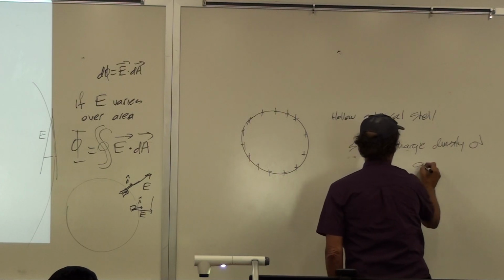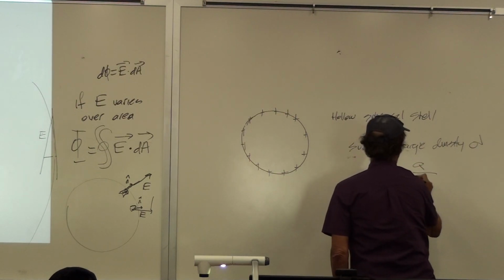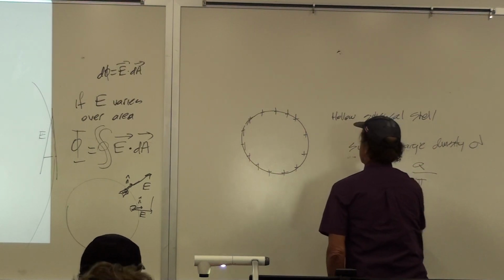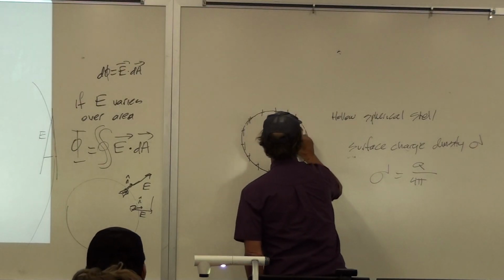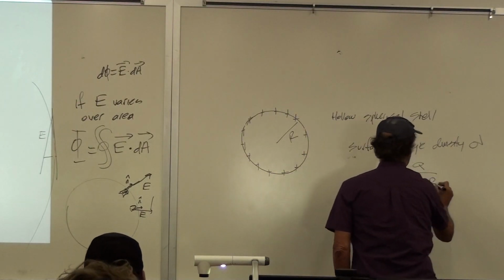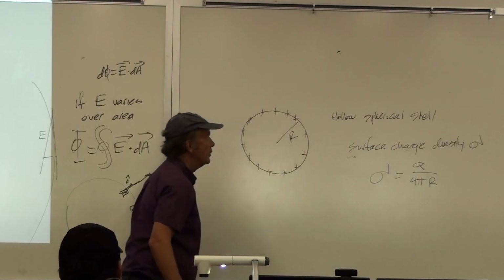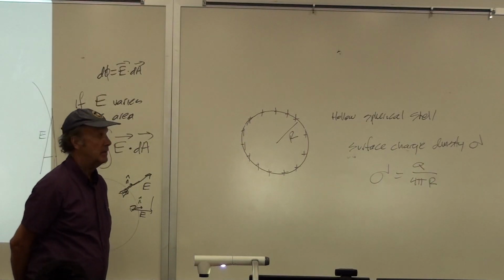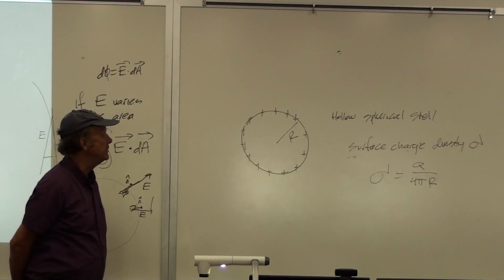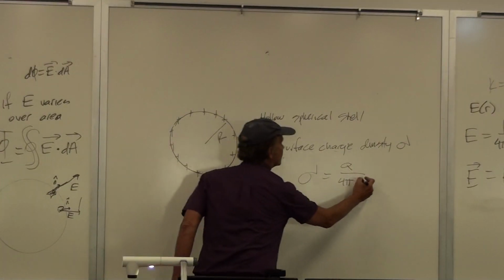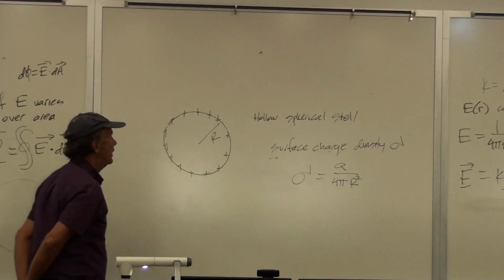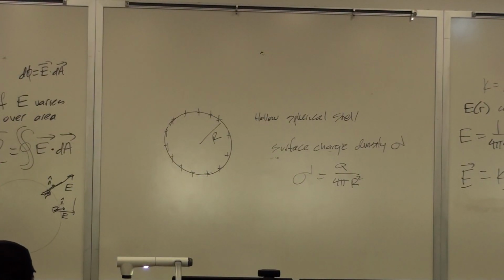Sigma is charge divided by unit area. So it's going to be 4 pi times this radius squared. Remember, that's charge per unit area, sigma. So the total charge divided by total area is going to be Q divided by 4 pi r squared.